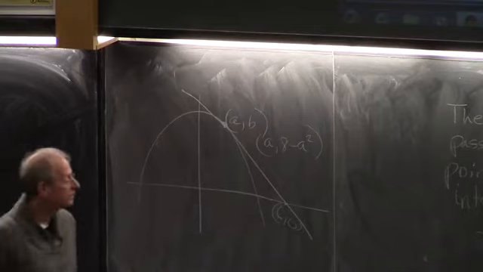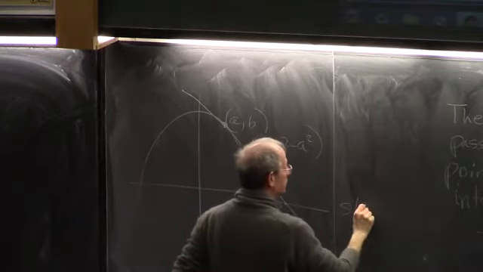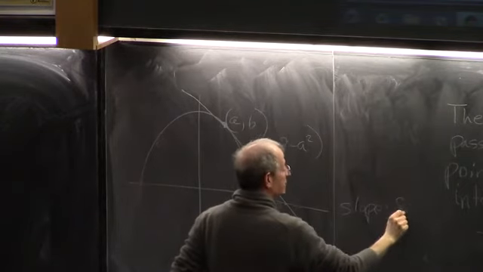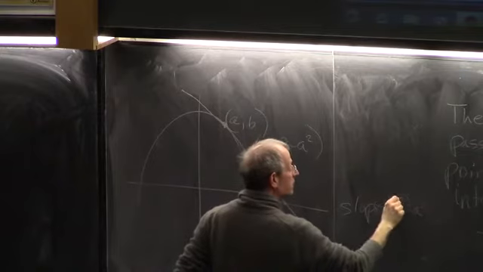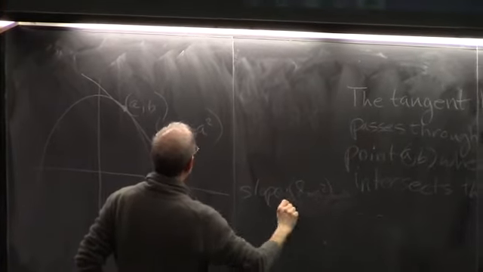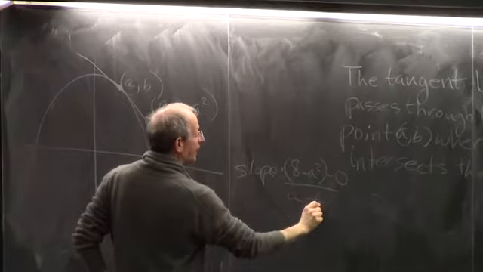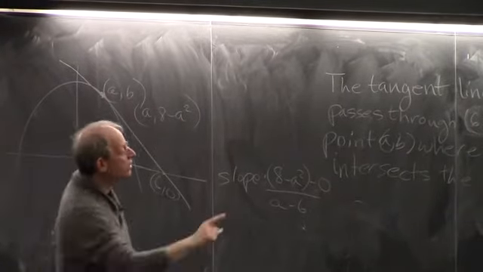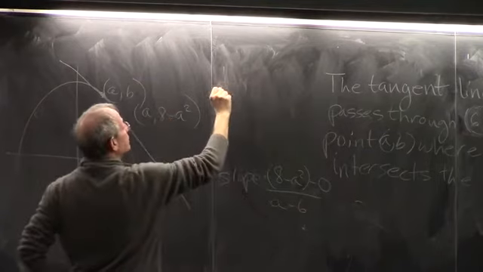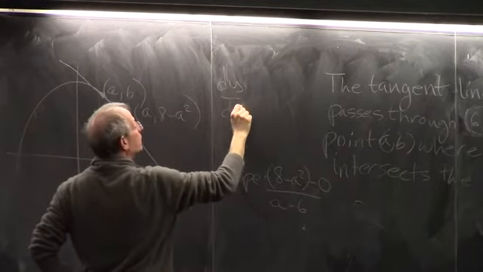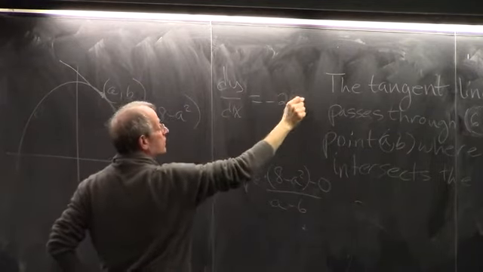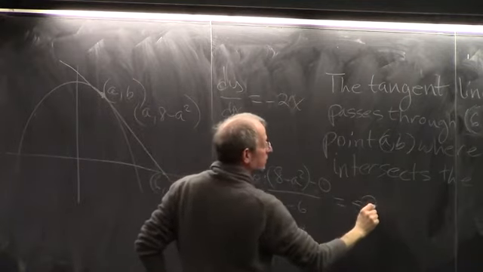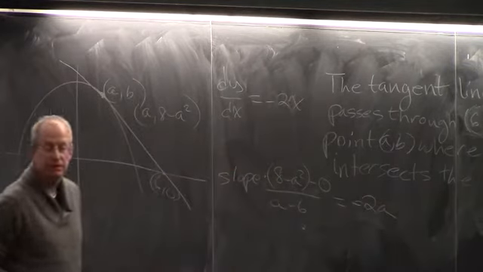So the slope is 8 minus A squared minus 0 over A minus 6. But we know the derivative is negative 2x. So this has to equal negative 2x.